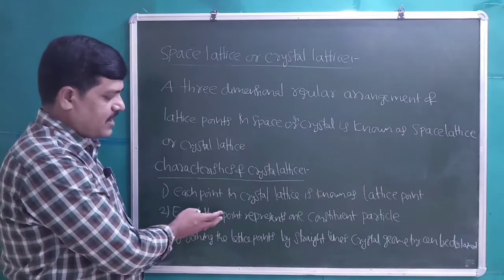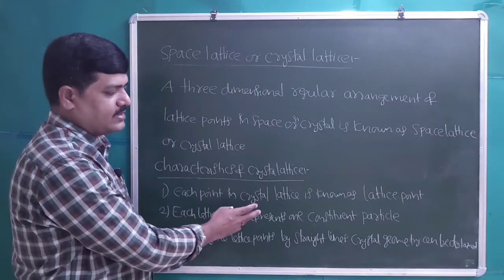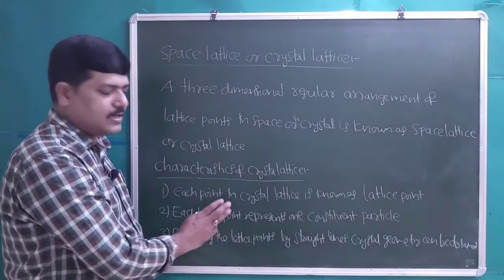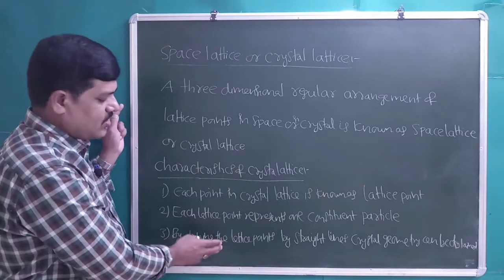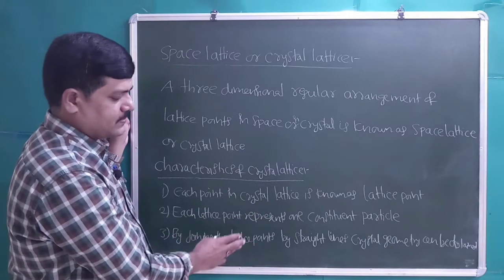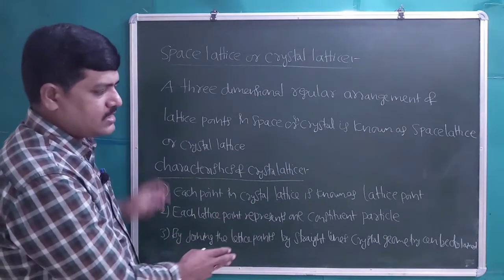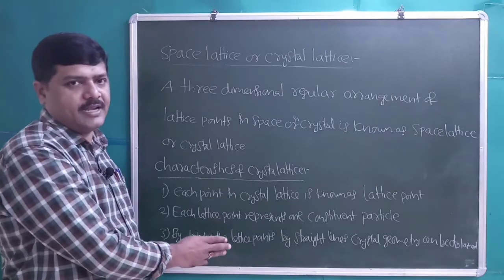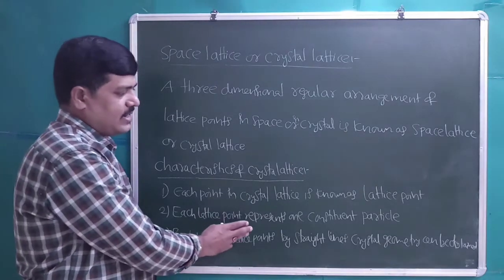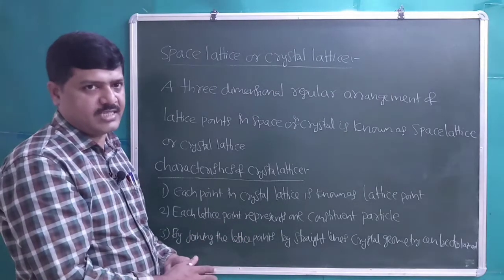Each lattice point represents one constituent particle. It may be an atom or ion. By joining the lattice points using straight lines, crystal geometry can be obtained. Students, now let us discuss the unit cell.